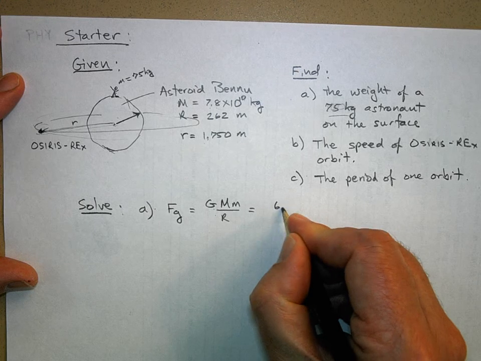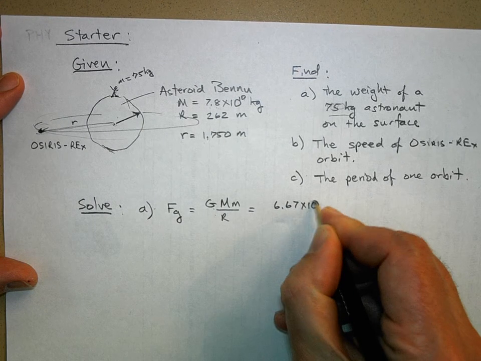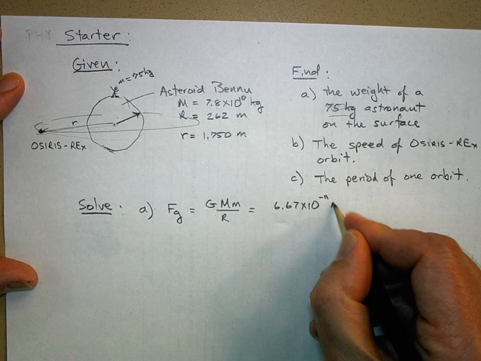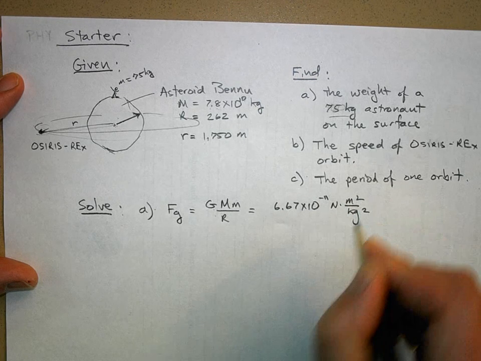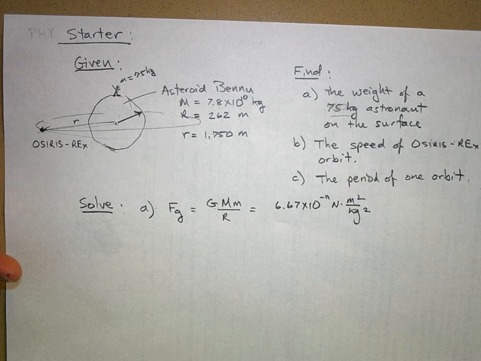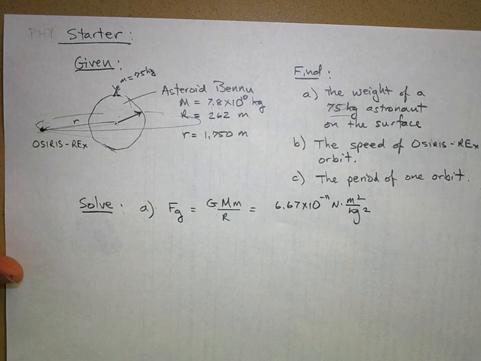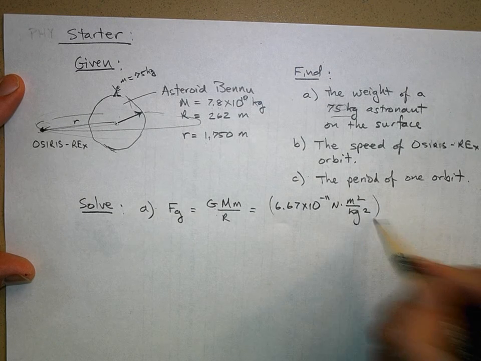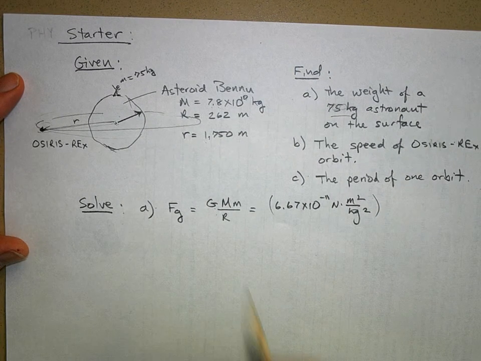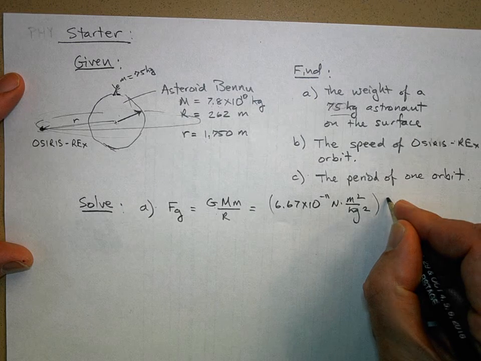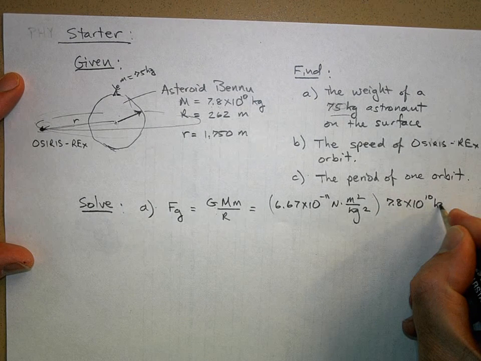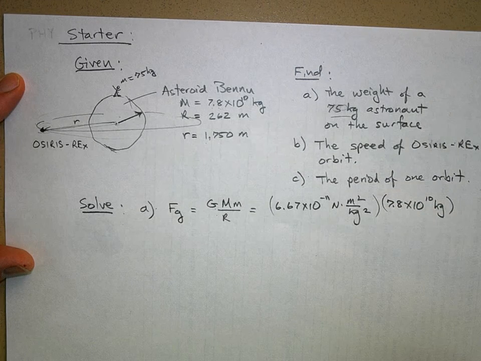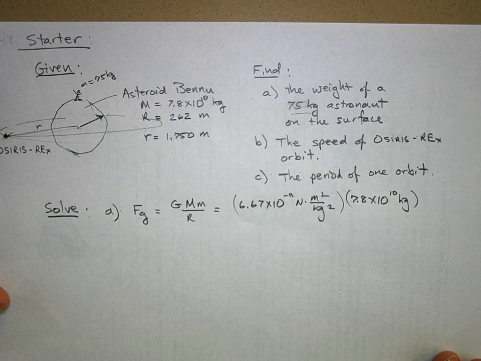Big G is 6.67 times 10 to the negative 11 Newton meters squared per kilogram squared. A lot of you are skipping the units. Don't skip the units because they do help you make sure that you're doing things the right way. Now the mass is 7.8 times 10 to the 10 kilograms. Am I still on screen? Barely.